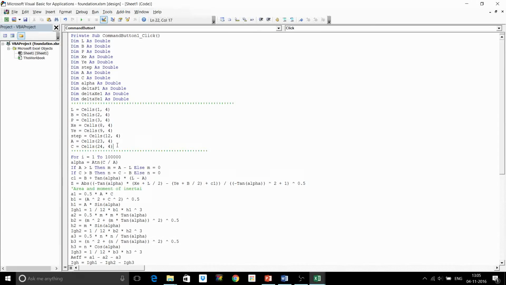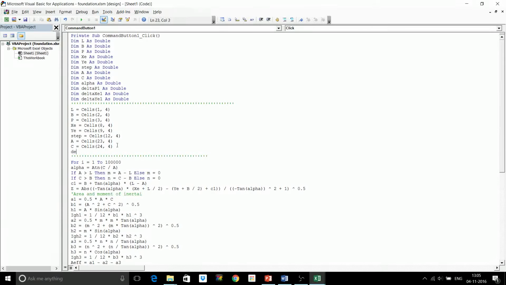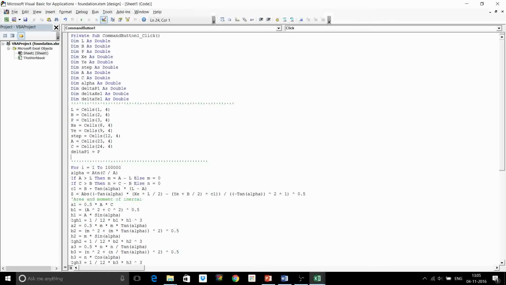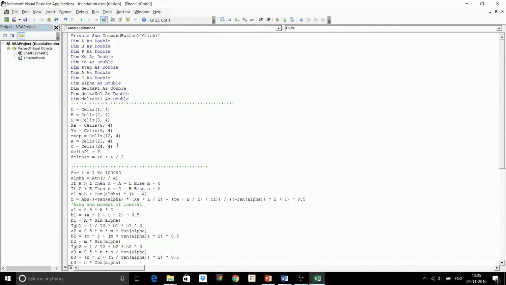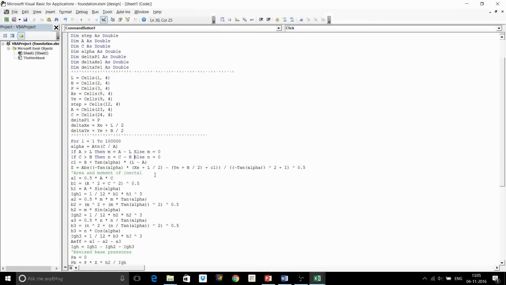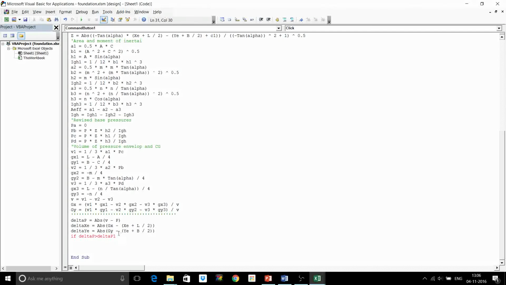We define this delta P1 as initially P, delta XE is equal to XE plus L by 2, then delta YE is equal to YE plus B by 2. So this is our initial expression for delta P1, delta XE1 and delta YE1, with which we are going to compare the actual calculated delta P's.